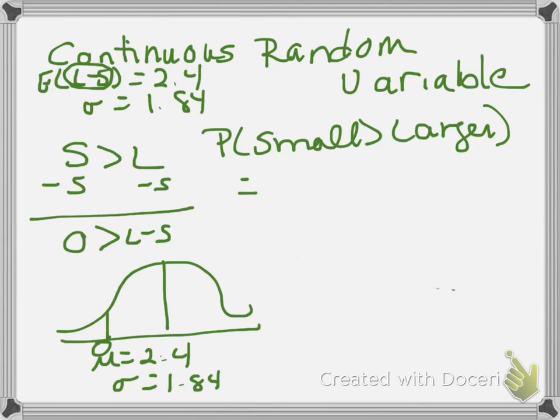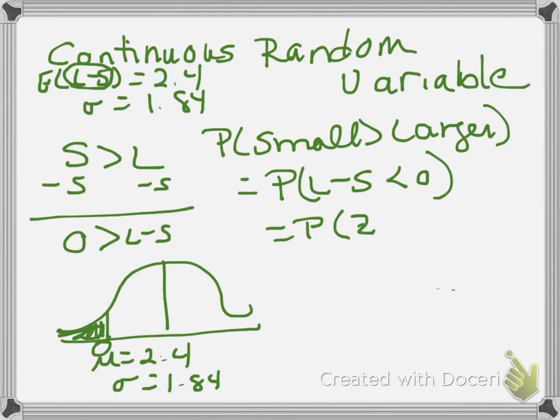Okay, so this is the probability that large minus small, oops, I don't want to do that, excuse me. Okay, now I'm dyslexic, so just a second here. My point is towards the letters. It's less than 0, so I'm going to shade this way. Okay? So we're going to say that this is equal to the probability that z is less than, so let's do my z-score math.